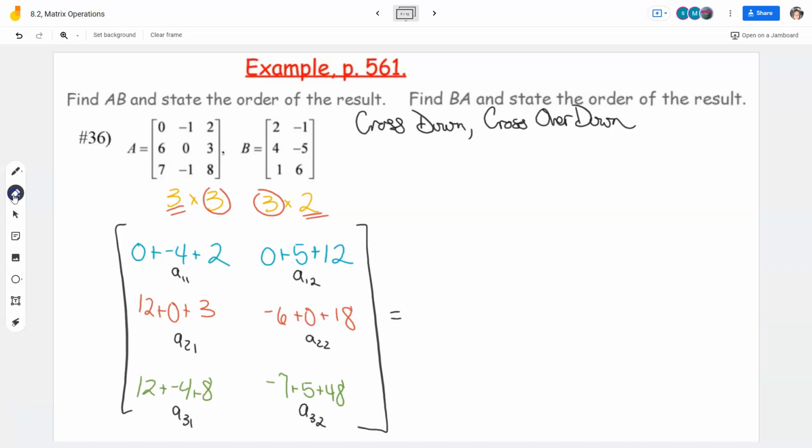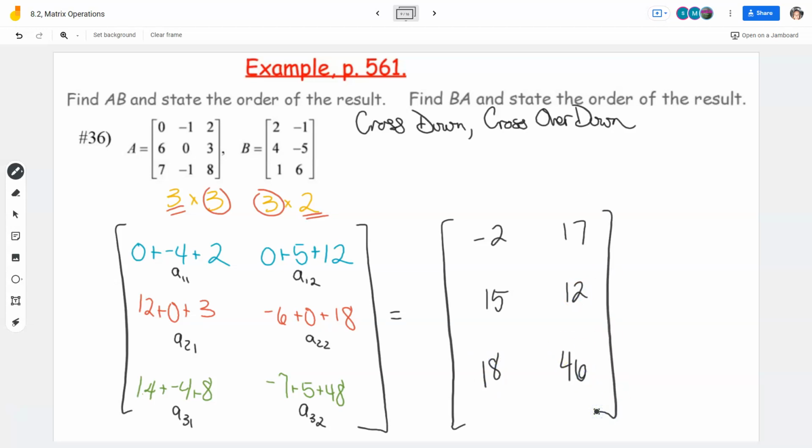Oh my goodness, I wrote the wrong number down. That's right. 14 minus 8 plus 8. I wrote each of my steps.